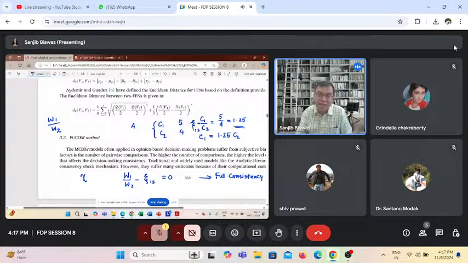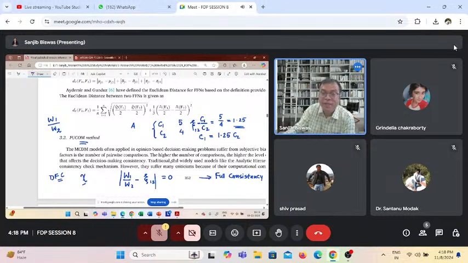That psi is called the deviation from full consistency, or DFC. FUCOM works on this phenomenon. For each pair of criteria, C1 and C2, C2 and C3, C1 and C3, it compares globally and tries to find out whether this inequality holds.